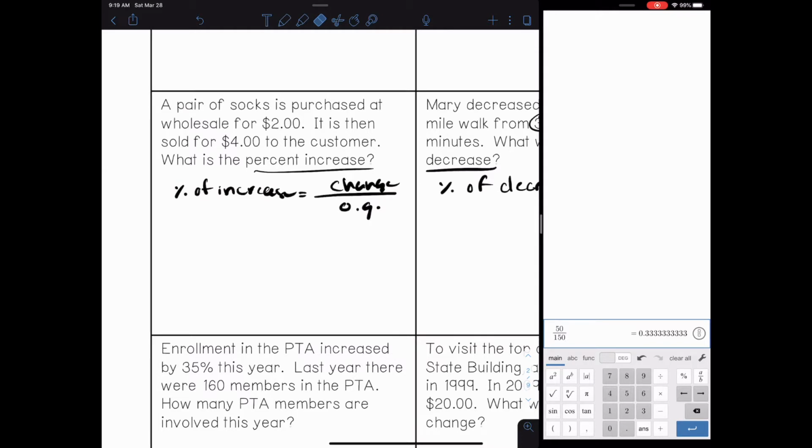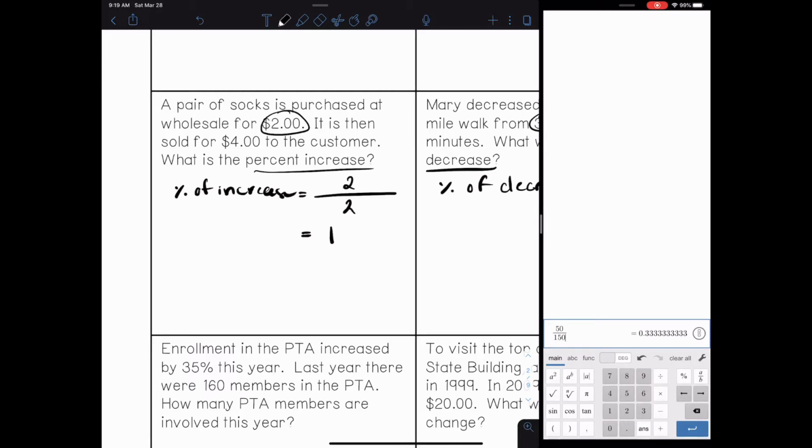So how much was the change? Well, it started with $2. It changed to $4. How much did it change by? Well, 4 minus 2, that gives me 2. How much was the original amount? Well, it was originally purchased for $2. So the original amount was 2. 2 divided by 2 is 1.